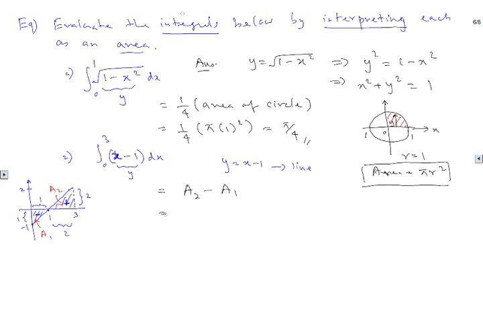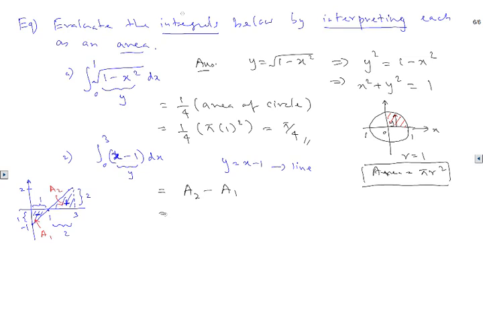Positive minus negative. I mean, not always, that's how we do it, because positive is going to add, negative is going to subtract. So whenever you see a negative area, just subtract it. When you see a positive area, just add it. Okay, so that's how you should remember.